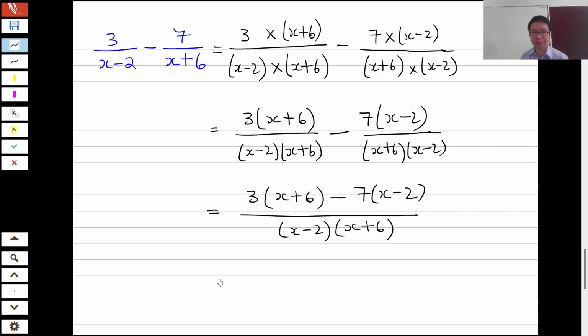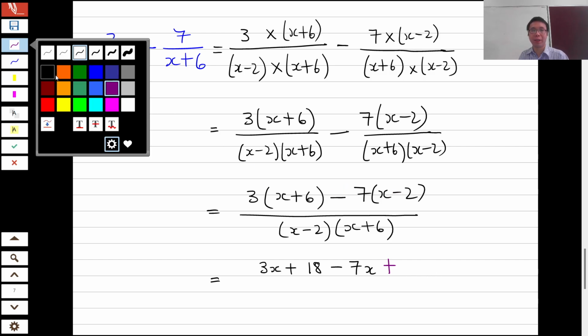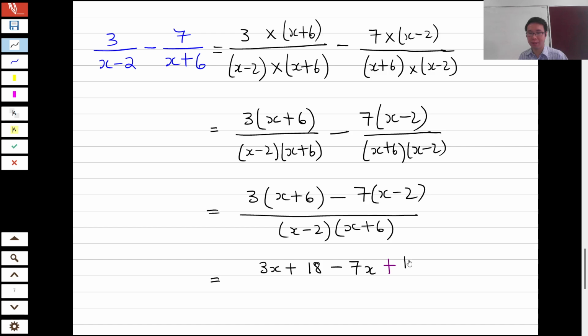So let's do that. So we're going to have 3 times x plus 3 times 6 minus 7 times x minus 7 times minus 2, which gives me plus 14 because there are two negative signs here. So again, please be careful not to drop the plus sign there.